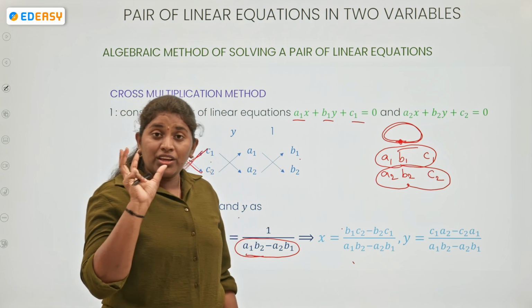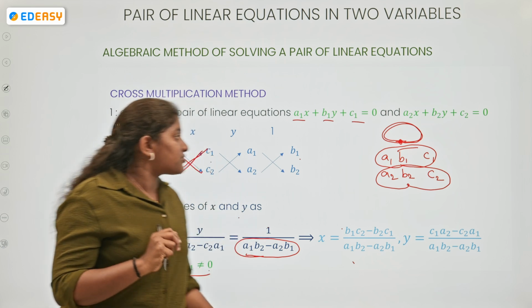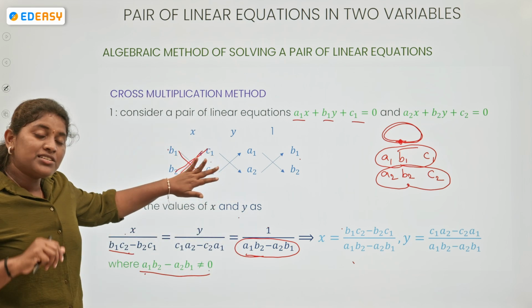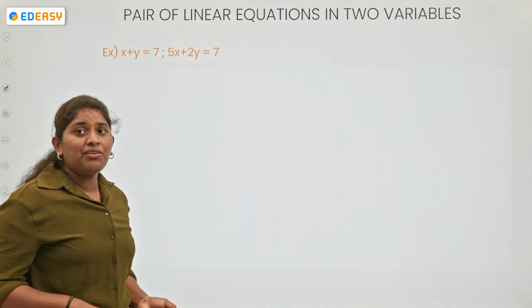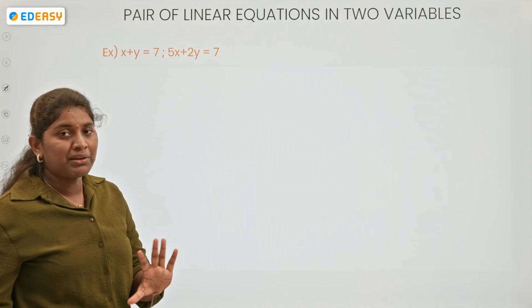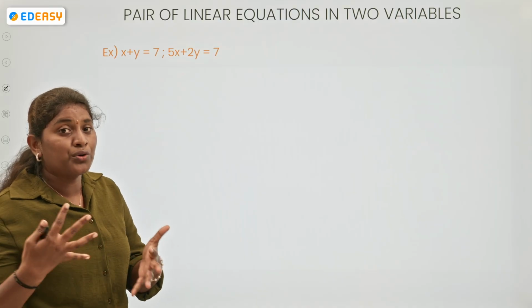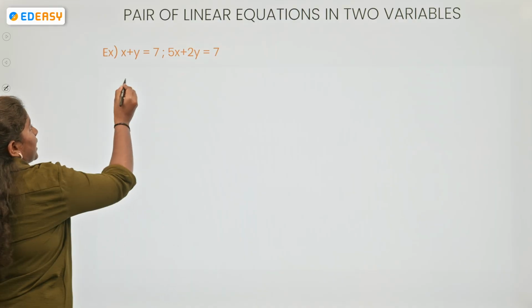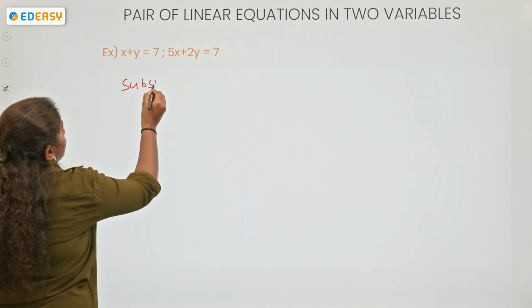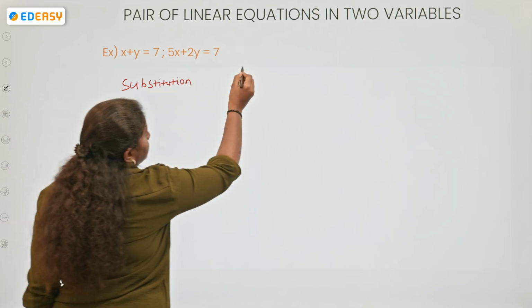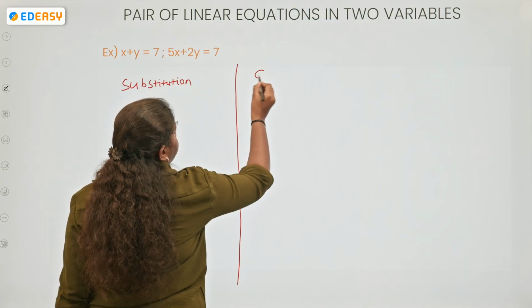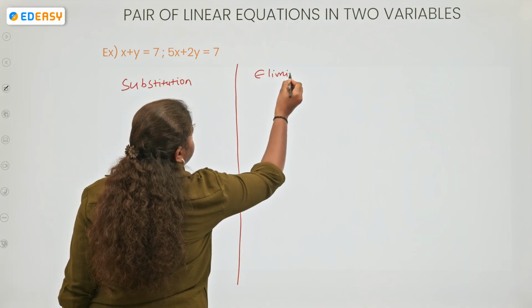If you are unable to remember, just try to remember this; from this you will get a clear idea. Now, let's solve a simple problem using the three methods, then you will understand how to apply them. Let's see the substitution method, and next we will go for the elimination method.